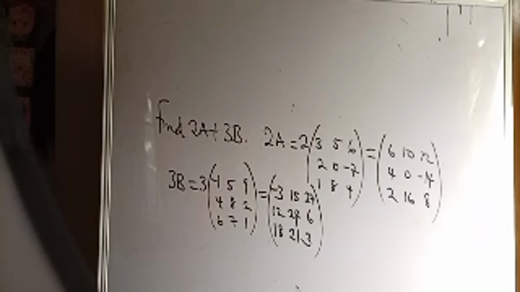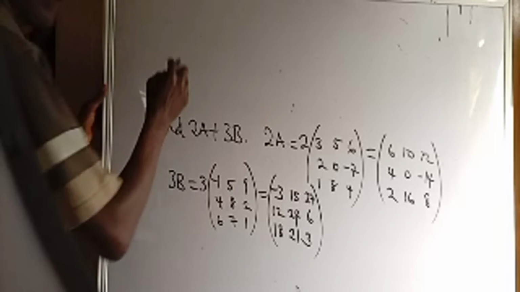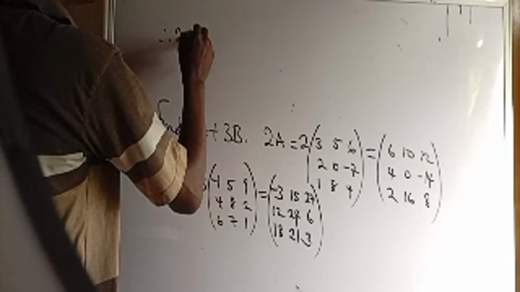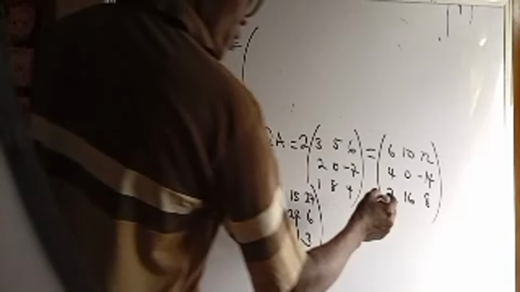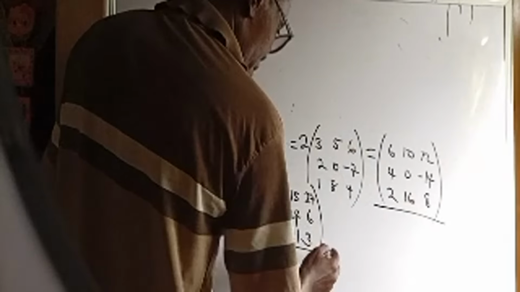Therefore, 2A plus 3B will be equal to what we got for our 2A and what we got for our 3B.